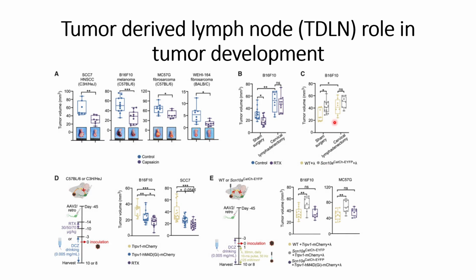And in panel C, the treatment is done in which the optogenetic based activation of the CatCh enzyme is carried out. But here also they did not see any change in the tumor volume, indicating that the tumor derived lymph node is necessary for the tumor development or nociceptor related tumor development.